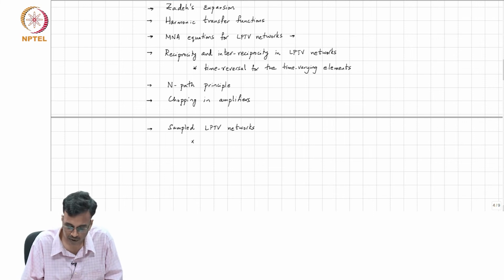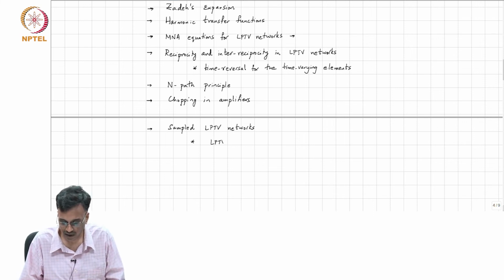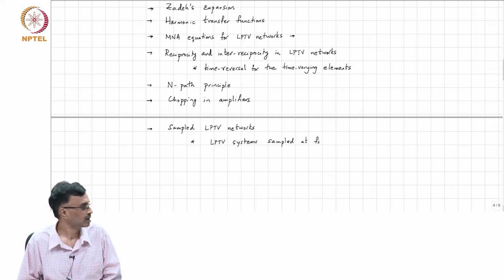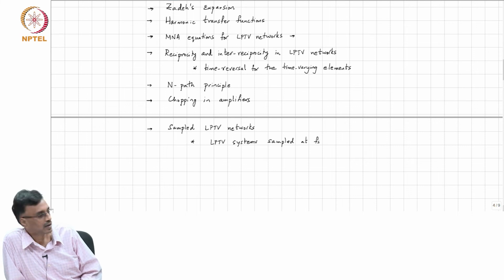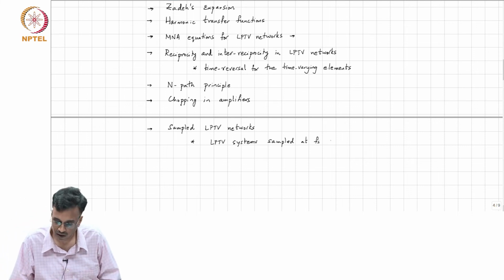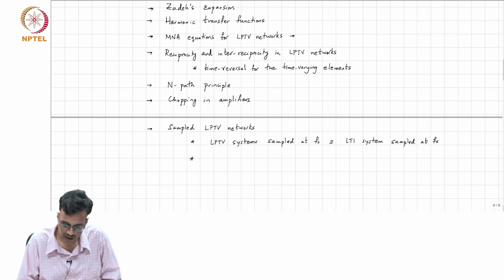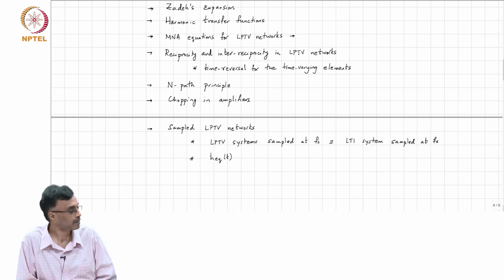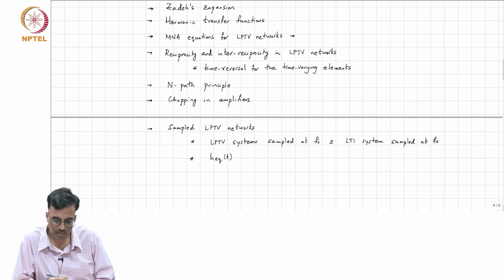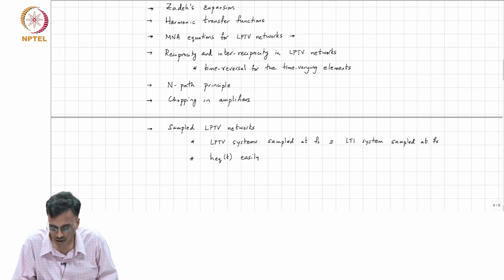And the key concept here was that if the LPTV system is varying at fs and if its output is also sampled at fs, this is equivalent to an LTI system whose output is sampled at fs, and the H equivalent of t, which is the impulse response of the equivalent linear time invariant system, can again be easily found by using the interreciprocal network.